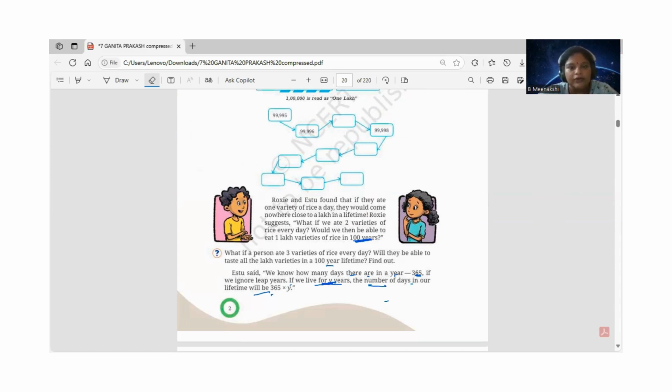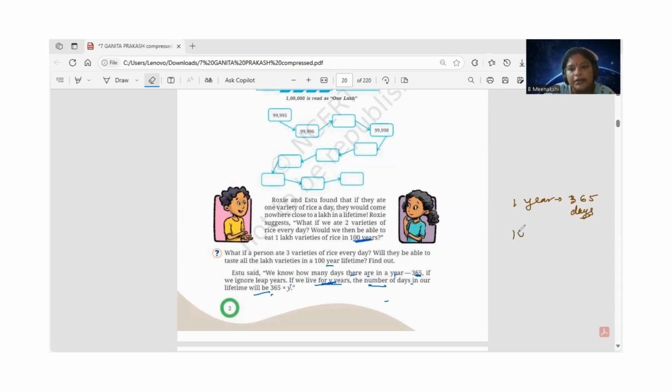We also saw that Roxy and Neetu were discussing how close we are to the 1 lakh. Supposing we ate 2 varieties of rice every day, we have seen in our previous video that 1 year contains 365 days.